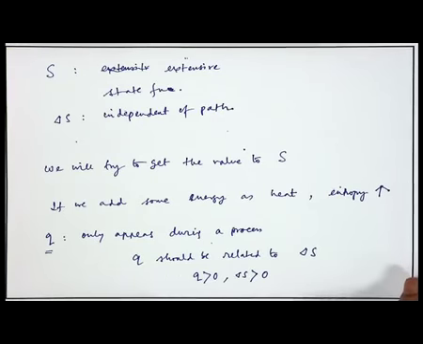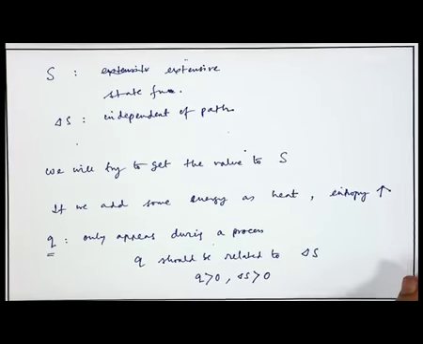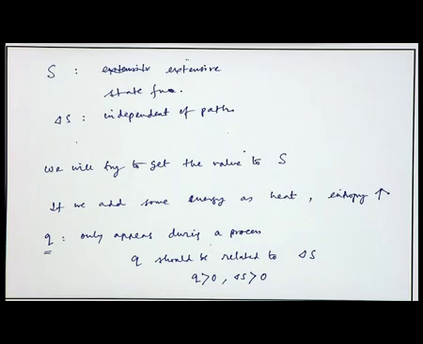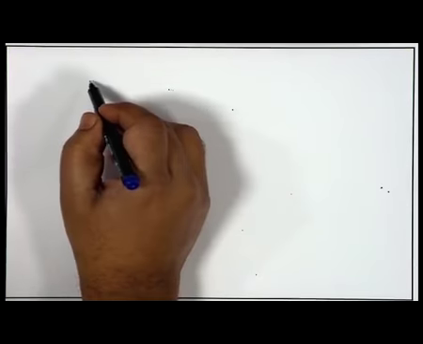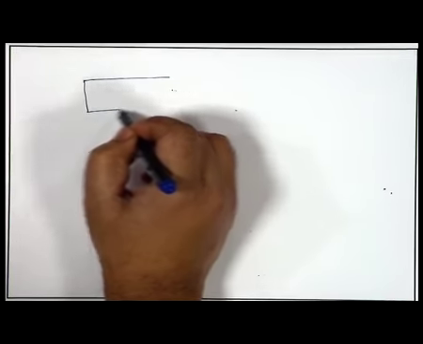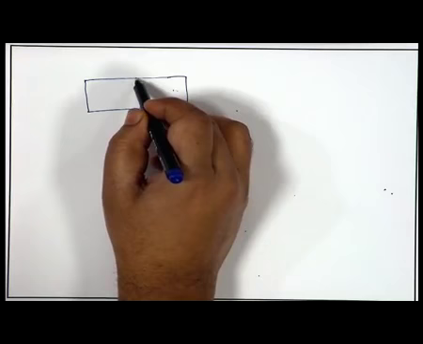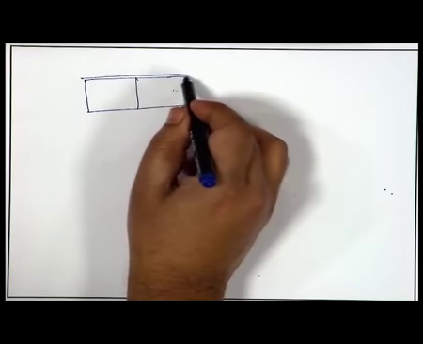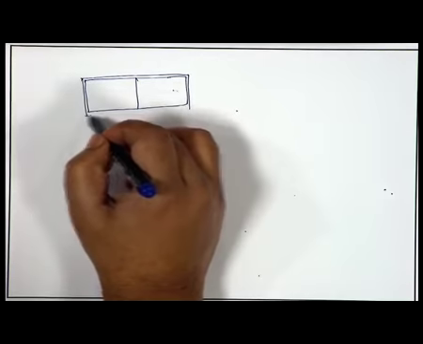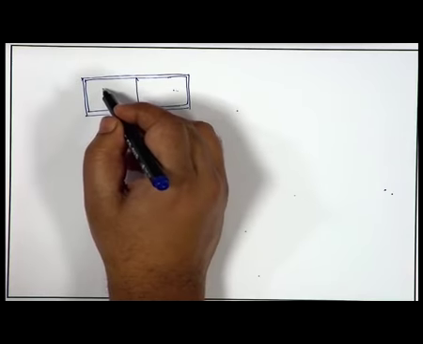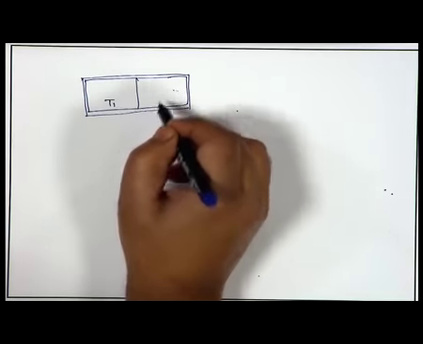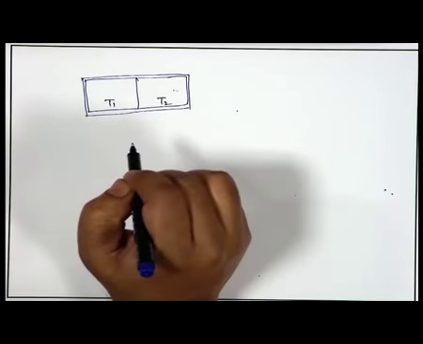So, if I go back and look at the example which I gave earlier, see, if I have two sides surrounded by an adiabatic wall, this is at temperature T1 and this is at temperature T2.